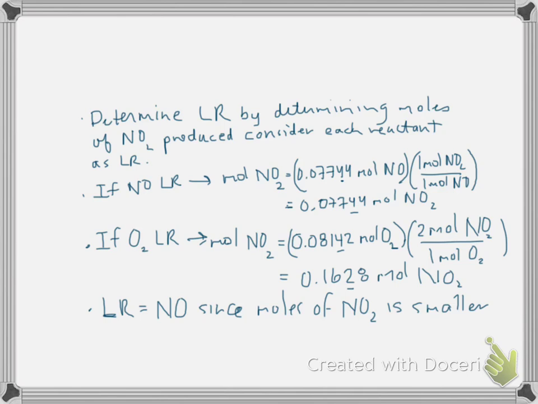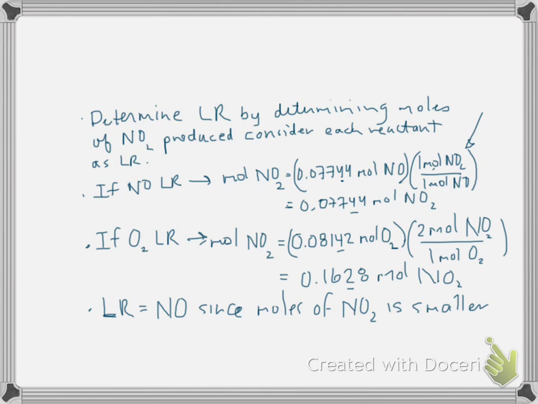And this is done by considering each of the reactants as a limiting reagent. This is one approach. So if we take this approach, if we assume that the nitrogen oxide is the limiting reagent, the moles of NO2 produced based on the stoichiometry, 1 mole of NO2 for every 1 mole of NO, you'll produce the same number of moles of NO2 as the amount of NO that you have.